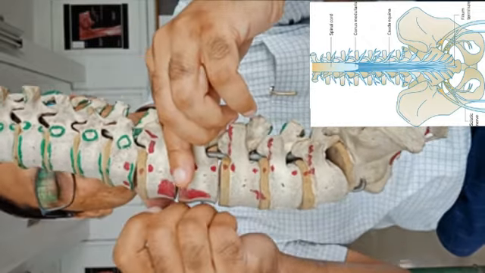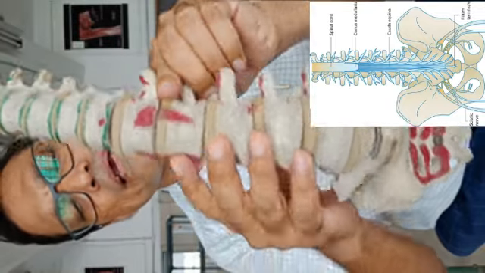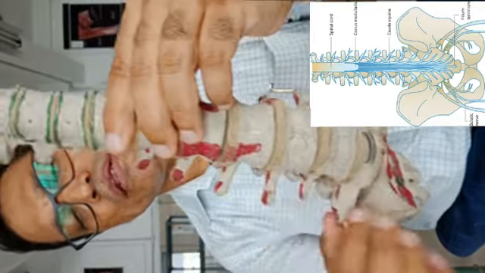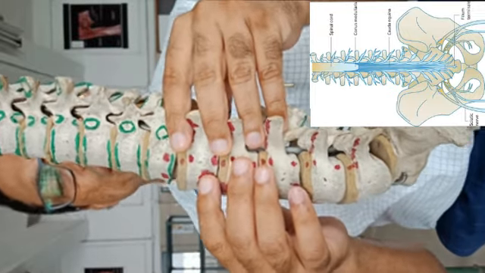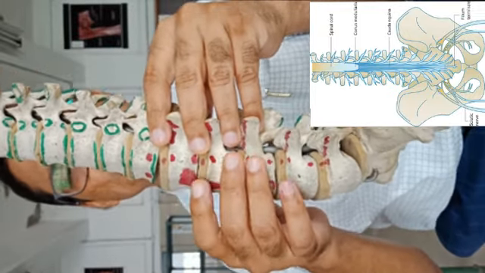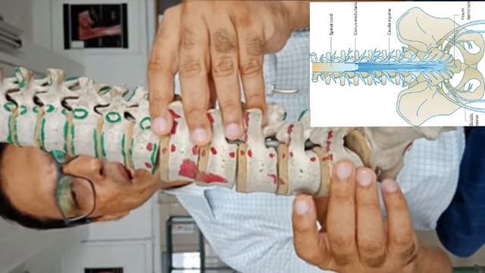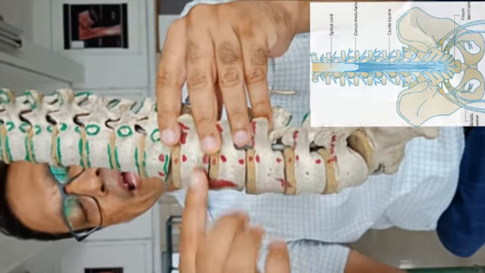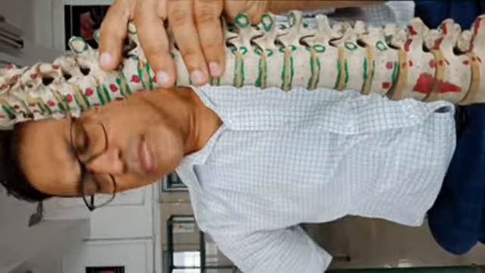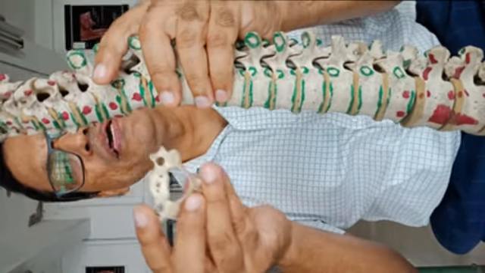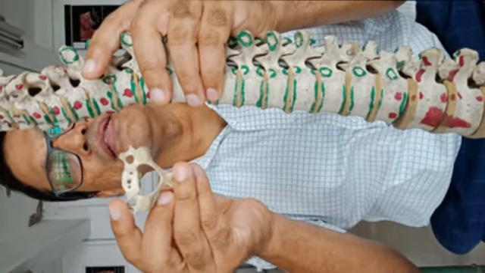The bunch of nerves come down and come out through each foramen, but the spinal cord ends at the level of L1. That's why we are not getting any enlargement of the spinal cord in the lumbar level, whereas in the cervical level, because of the cervical enlargement, the vertebral canal is bigger and triangular.